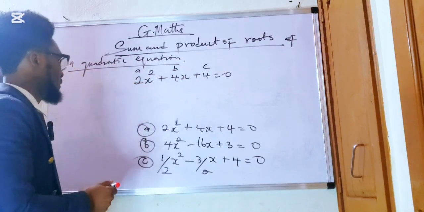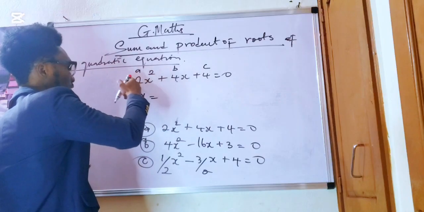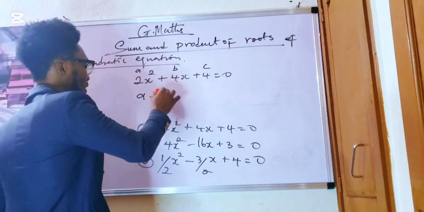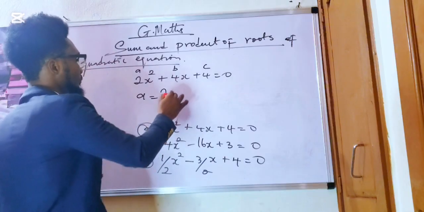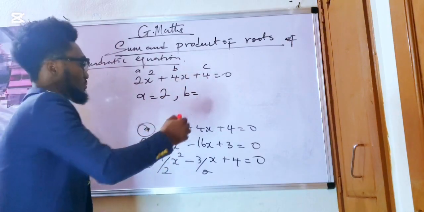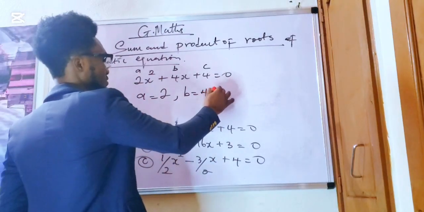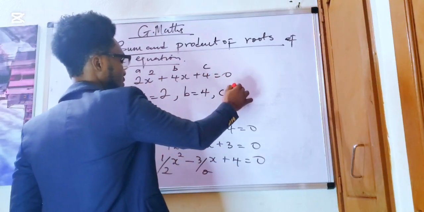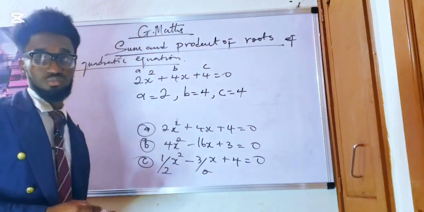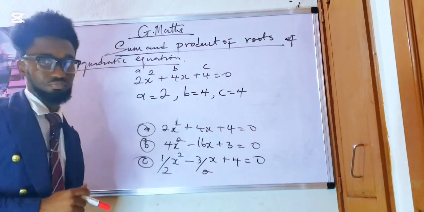So A is the coefficient of x squared, which is 2. B is the coefficient of x, which is 4. And C is the constant, which is 4. This is the first step you take.